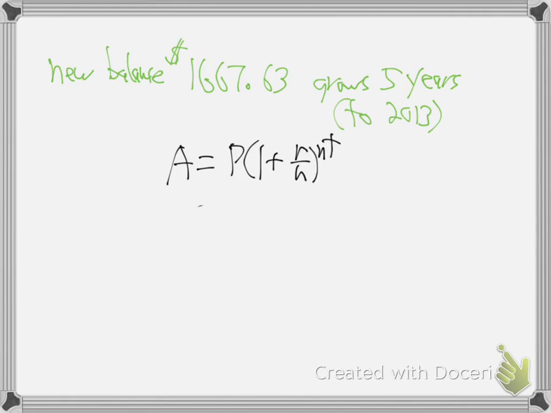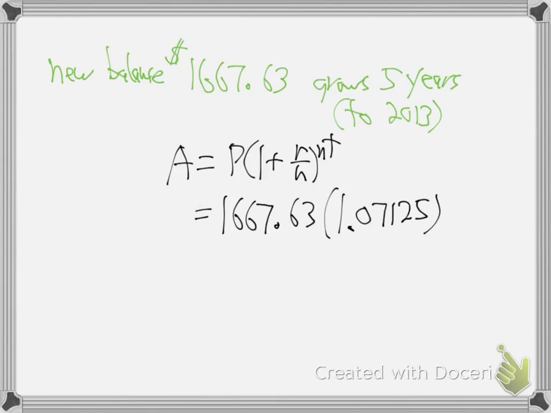The principal is now 1,667.63. This is going to be the same, 1.07125. But what's the time now? 5 years. Hit the buttons on your calculator.